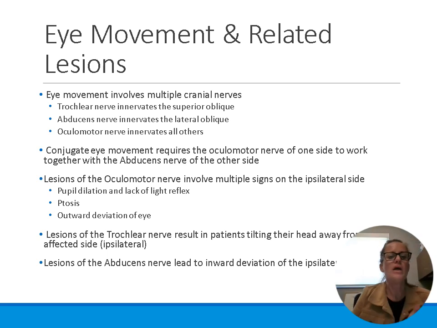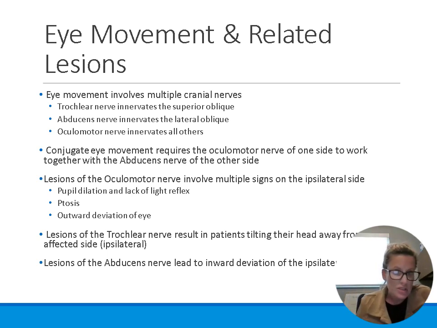Okay, eye movement and related lesions. Eye movement involves multiple cranial nerves. So the trochlear nerve, which is cranial nerve 4, innervates the superior oblique.